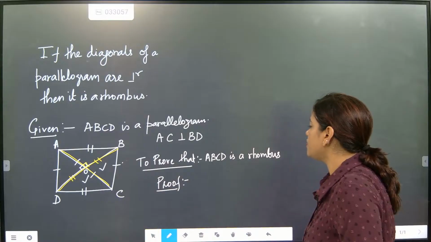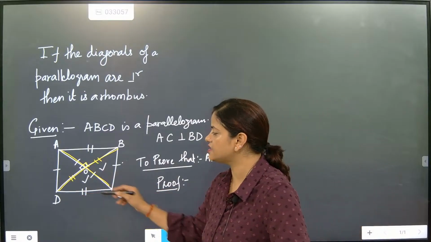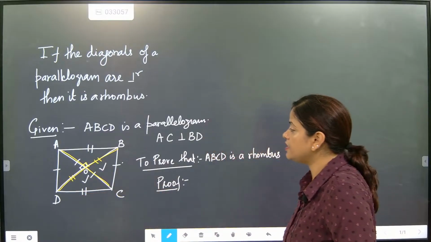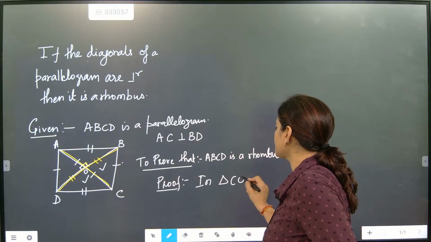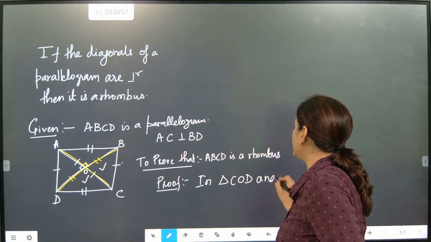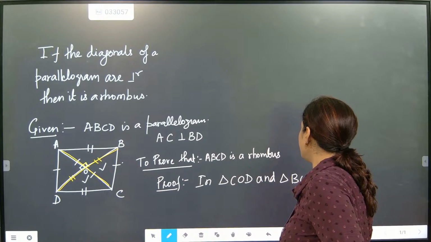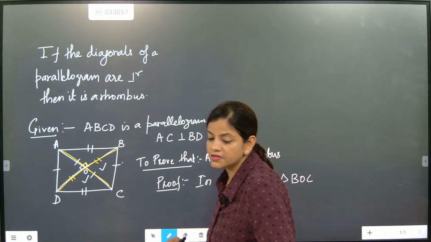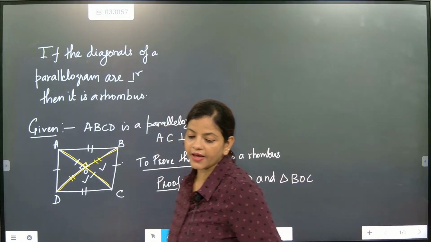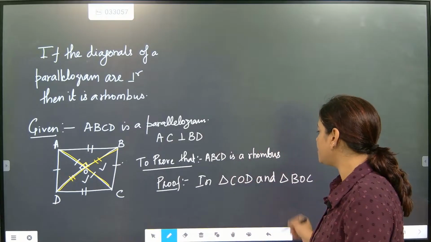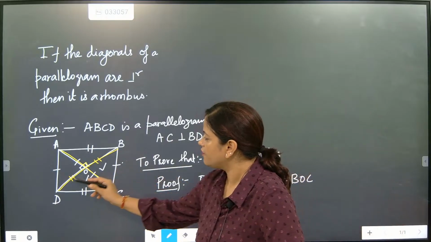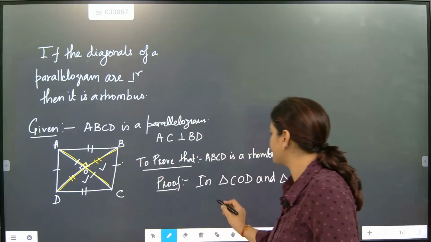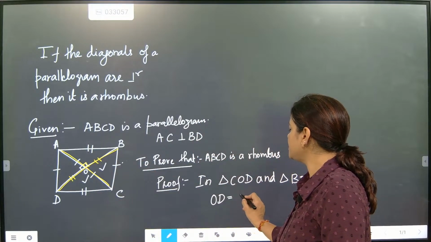Okay. So now what we are going to prove: first we will take triangle COD and triangle BOC. In triangle COD and triangle BOC, first, beta, OD is equal to OB.